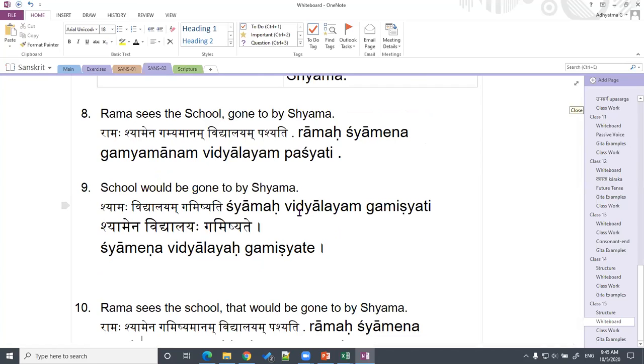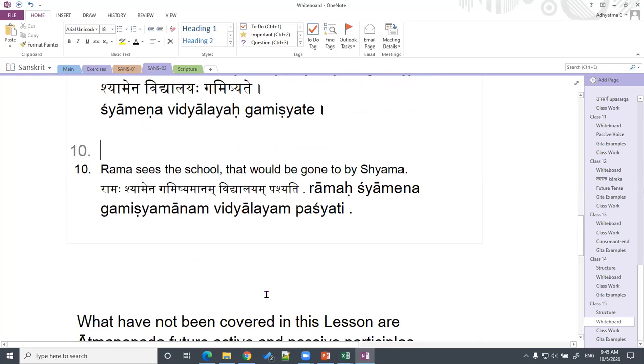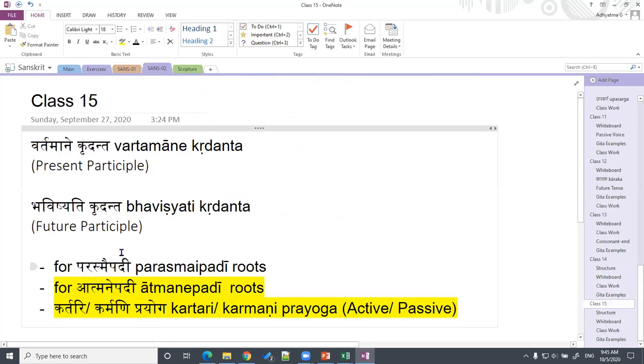If you attended the last class and understood the exercise part, that's not difficult. So far we covered present participle and future participle, both in active and passive sense, and for both Parasmaipadi and Atmanepadi roots. So last class and this class, we covered all the present and future participles for both types of roots.